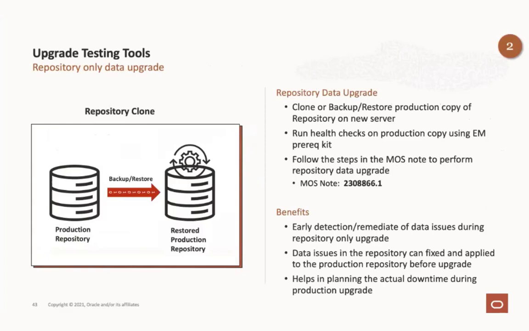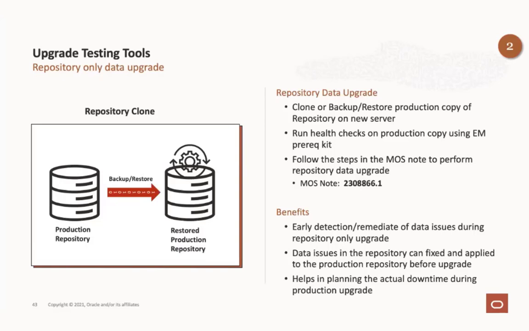What this does is the data upgrade, exactly the same scripts that will be called in the upgrade flow. So this will help you validate the data, because the repository upgrade is the most time consuming, because we do the data upgrade inside the system and schema, right?